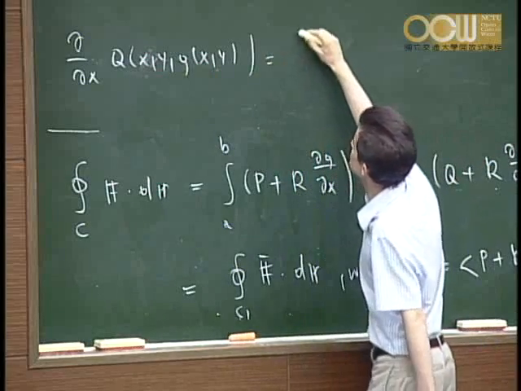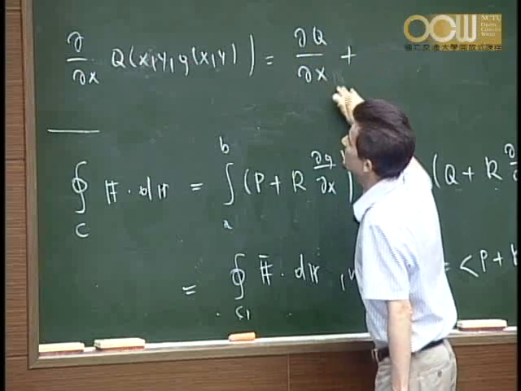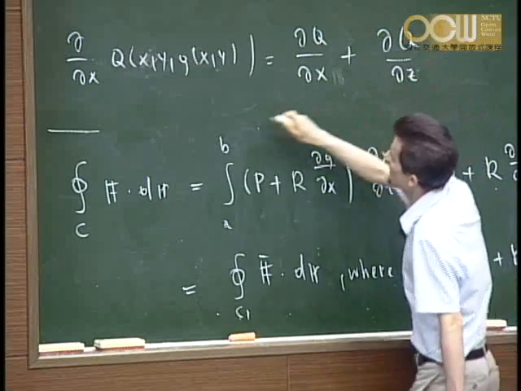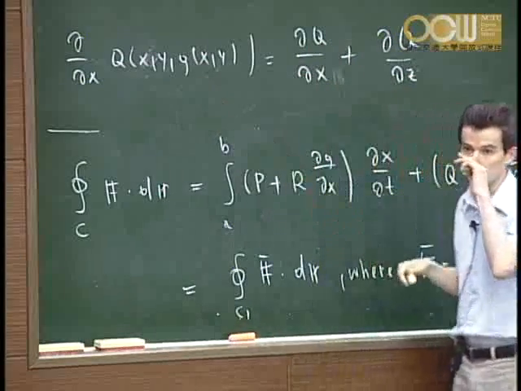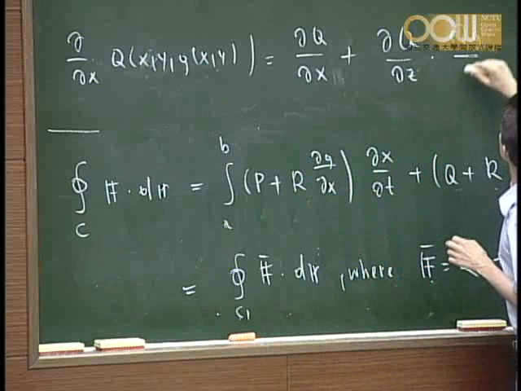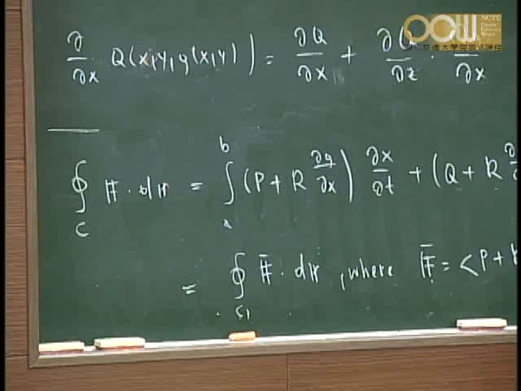So this actually is this partial derivative plus the partial derivative of q with respect to the last coordinate, by the chain rule.